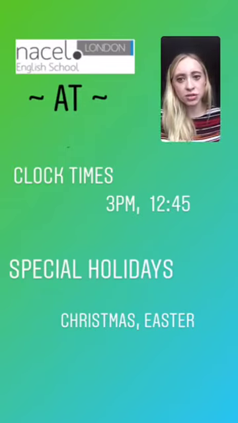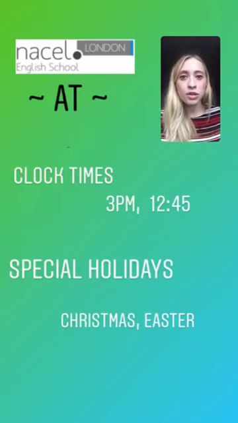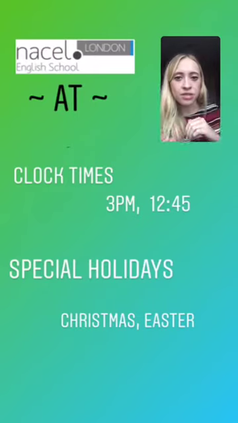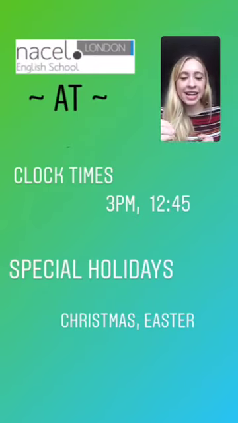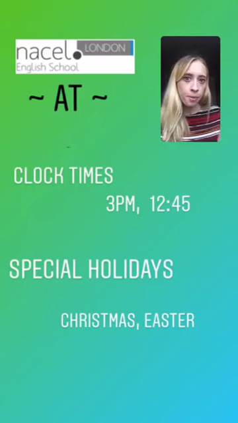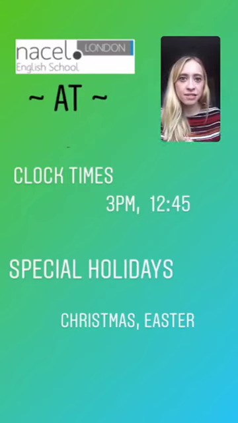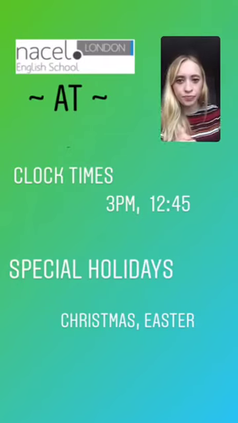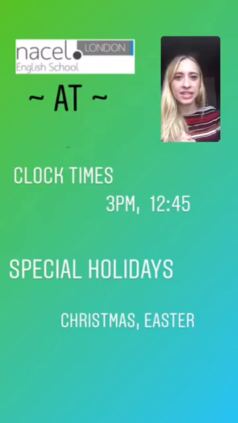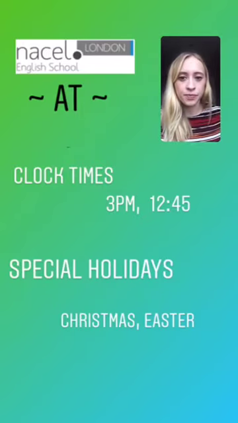When we are talking about special holidays, we are not just talking about the one day, but maybe the days around Christmas. We say in the UK that Christmas starts at the beginning of December and finishes at the end of December. We talk about Christmas as being a bigger time. And the same with Easter, it is more than one day.